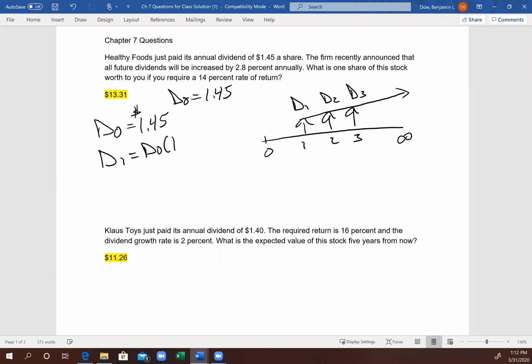So D1 is equal to D0 times 1 plus G. D1 is equal to $1.45 growing at 2.8%. And we can find D1 as $1.4906.